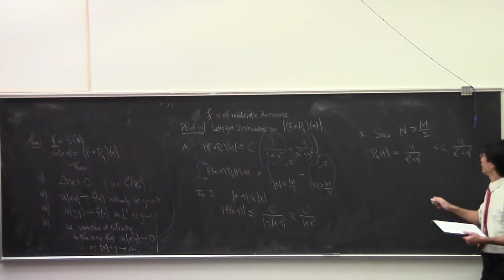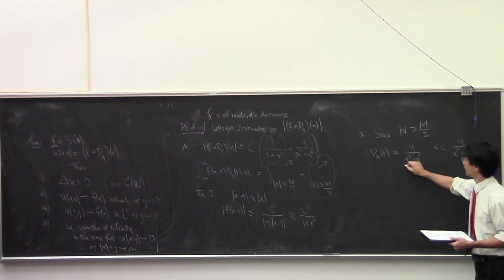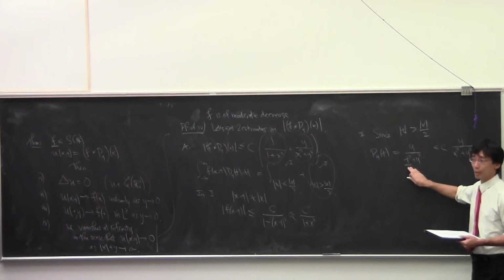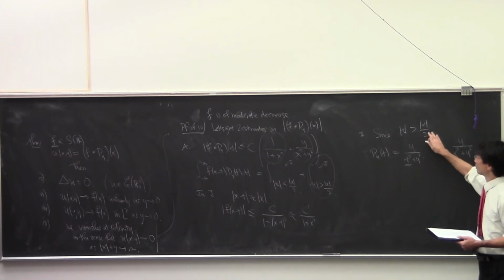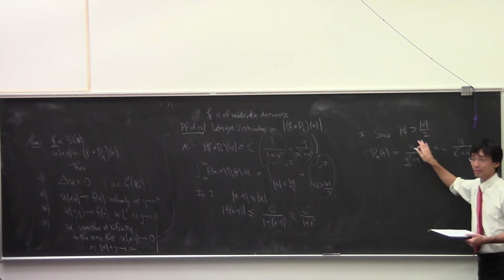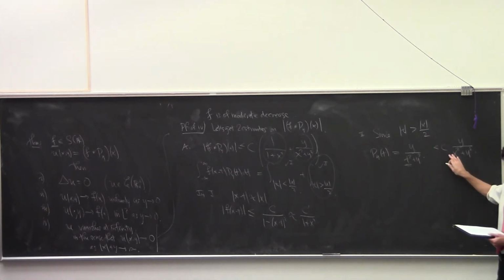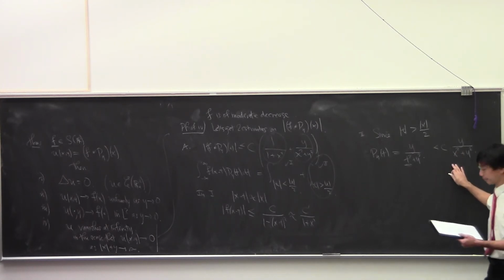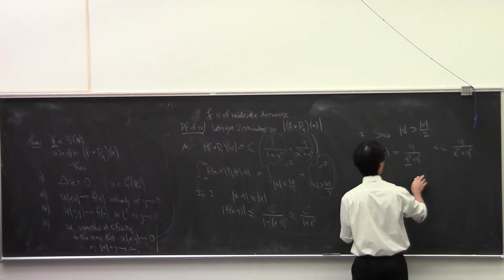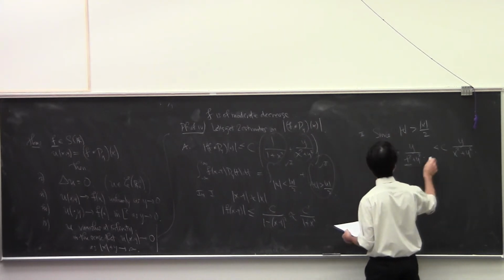Right? Because if we replace this thing by something smaller, the thing just gets bigger. We may have to put in some constants to deal with the 2. But this works. Everyone all right with that?